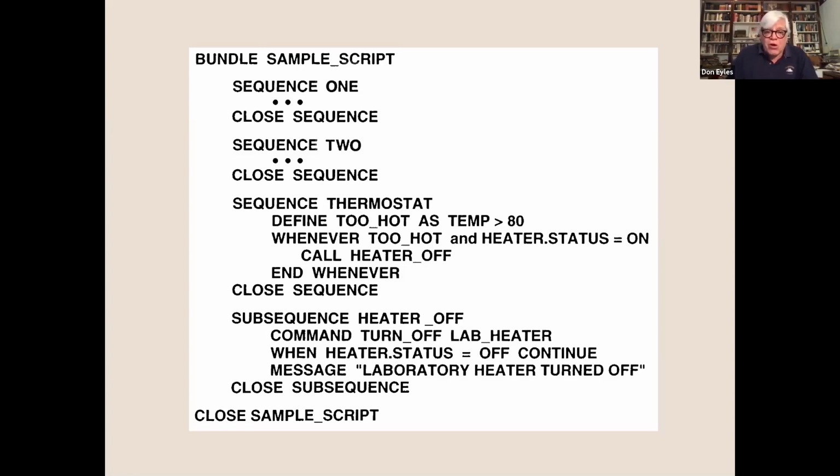And we turn it off by calling a subsequence called heater off, which turns off the heater by issuing a command. Timeliner is adaptable to different hosts. And part of that adaptation is that the format of commands can be determined by the given application. And in this case, a message is also issued to the astronauts that the heater is now turned off. Next slide.